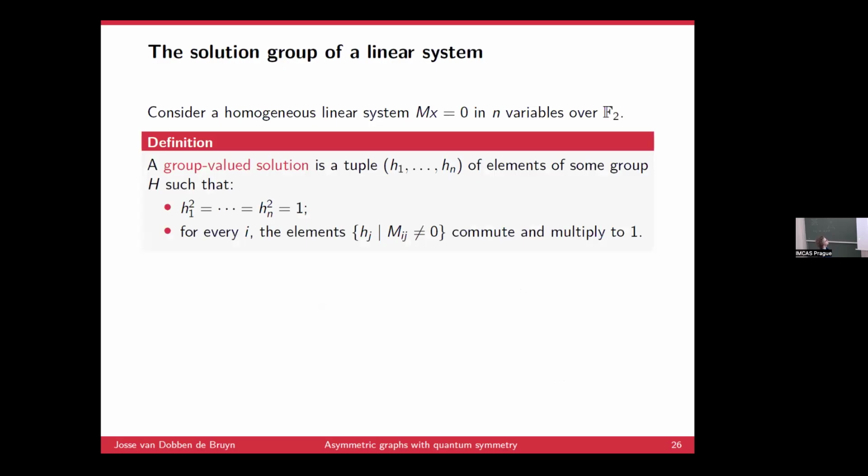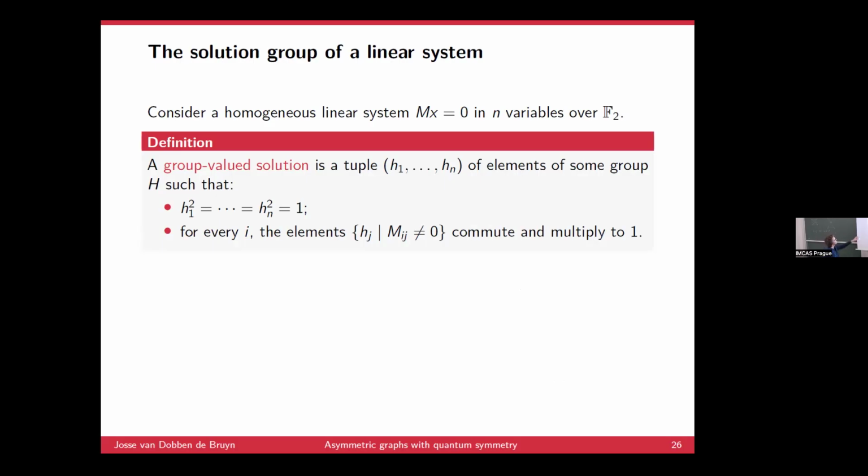Okay, so solution groups. These are just classical groups. If we have some homogeneous linear system Mx equals 0 in n variables over F2, we define a group-valued solution to be a tuple of elements h1 up to hn of some group H that is locally a solution. What do I mean?